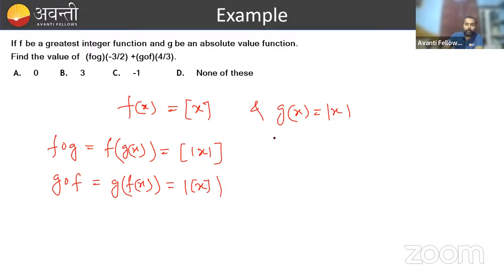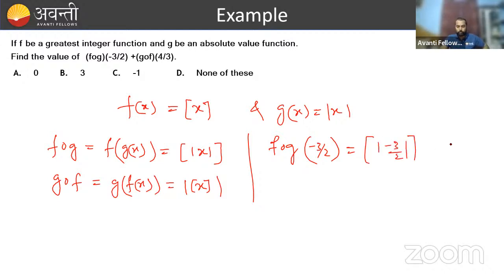Now find fog of minus 3/2, which is greatest integer of modulus of minus 3/2, that is greatest integer of, sorry, plus 3/2, which is 1 point something, and the greatest integer of that is 1. So fog of minus 3/2 is 1.